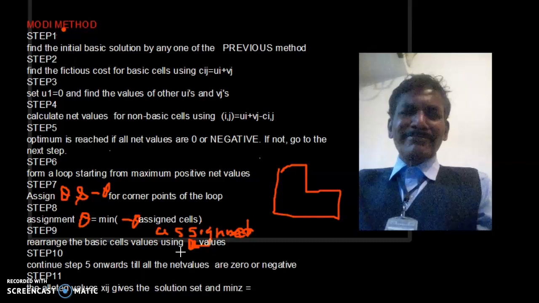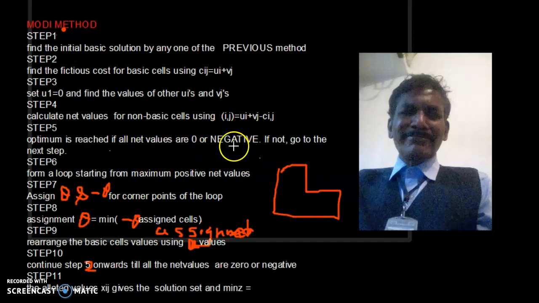If it is equal, then that's the solution. Suppose it is less than that, then again we have to go to step number two onwards. We have to do the problem again and again, and then finally we have to check the net values. If all the net values are zero or negative, then we have reached our solution.